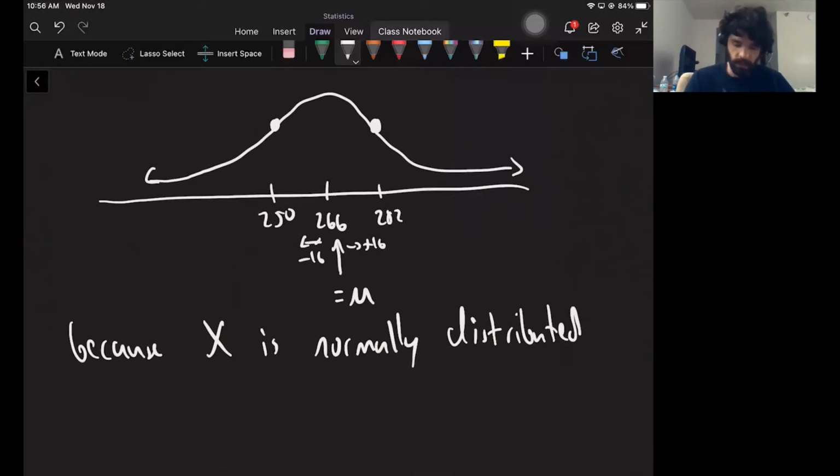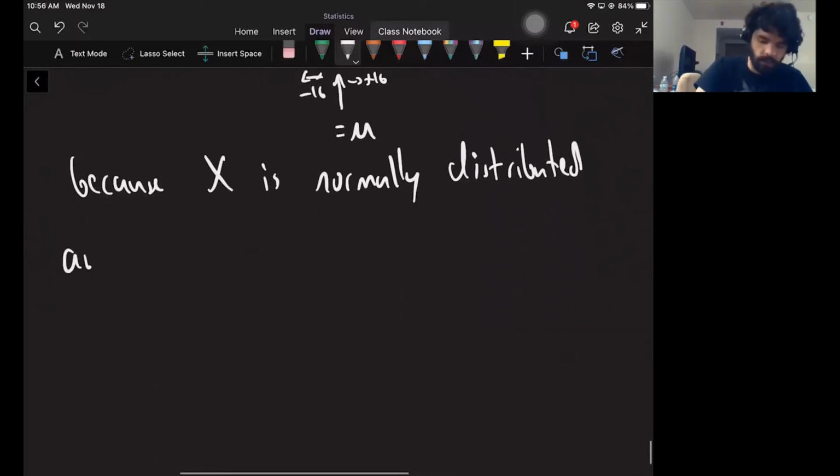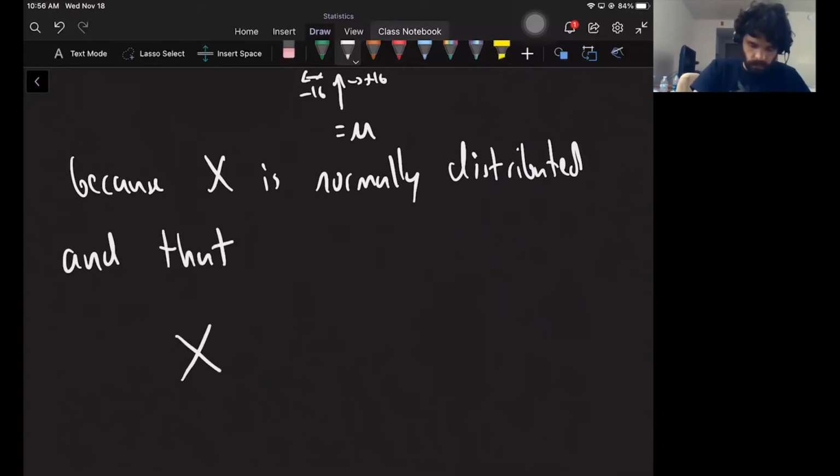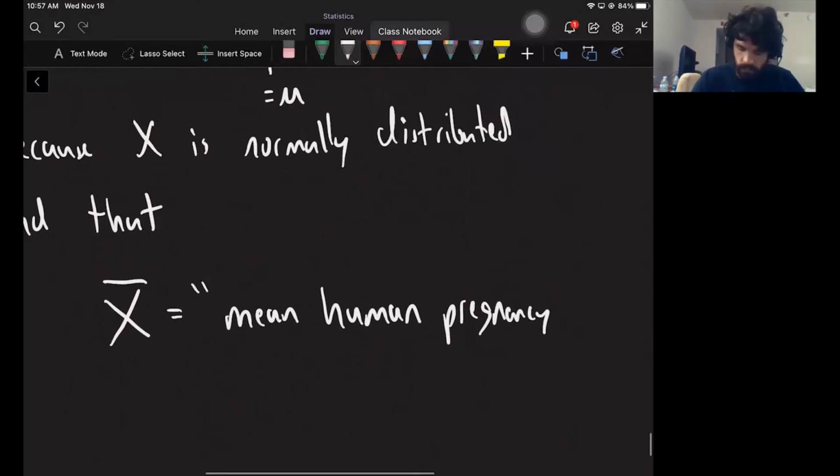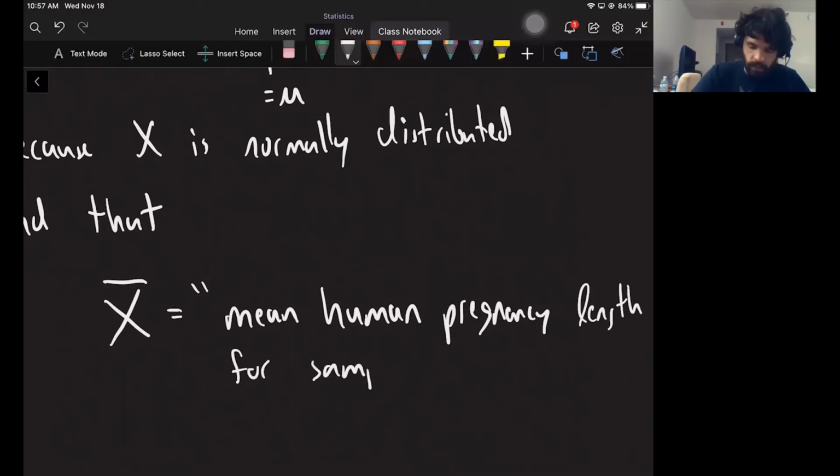Okay, so now introducing the big X bar, the new notation we learned. So what's X bar in this context? It's the mean human pregnancy length, amount of time, but for samples now, and because we're doing samples of size 20, we have to include that information.